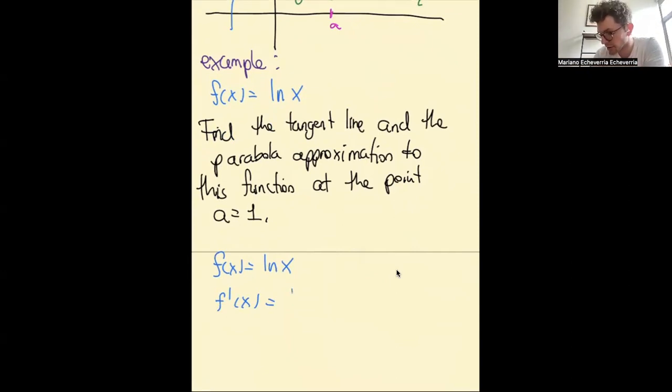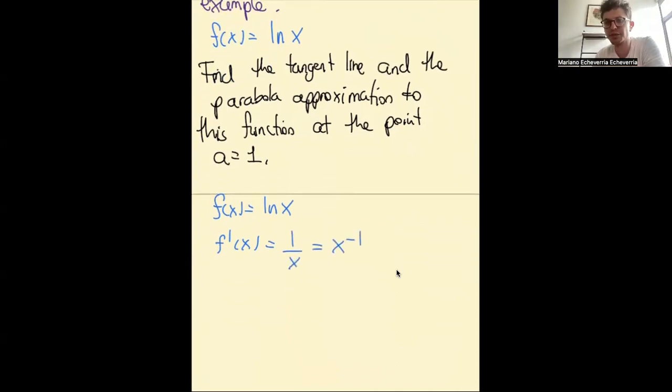It's 1 over x, good, which is x to the negative 1. That's convenient to write it that way to find the second derivative. So what's the second derivative?